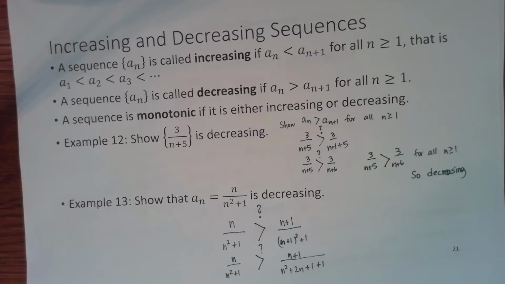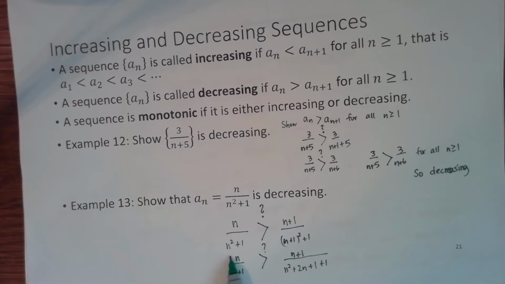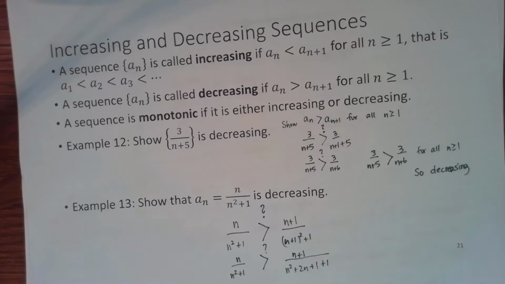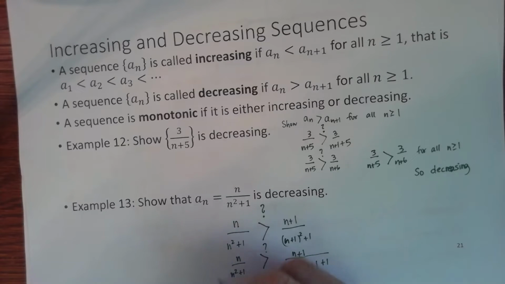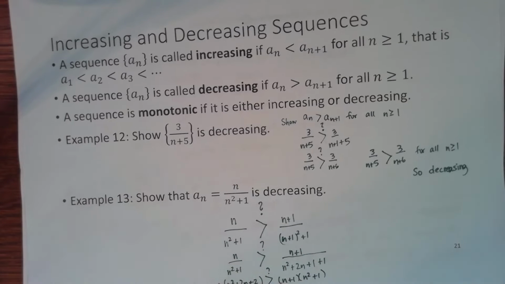But we can cross multiply: multiply these two and multiply these two, and see if this product is greater than that product. This is really n squared plus 2n plus 2, so I want to see, is n times n squared plus 2n plus 2 greater than n plus 1 times n squared plus 1? If so, then this fraction has to be larger than that one.